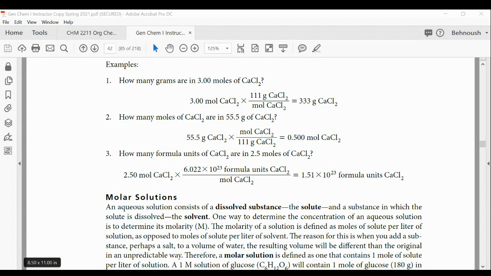So number of atoms divided by Avogadro's number would give you the number of moles of the atoms, right?